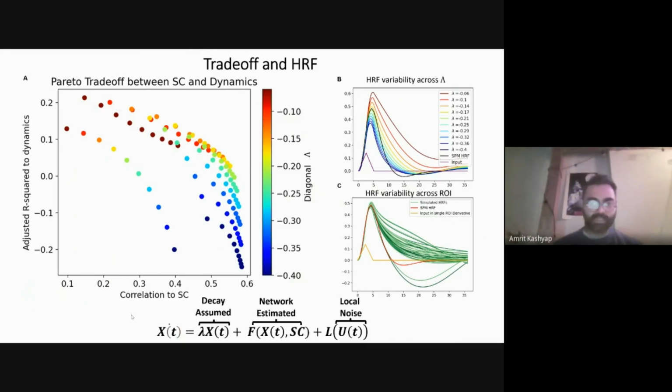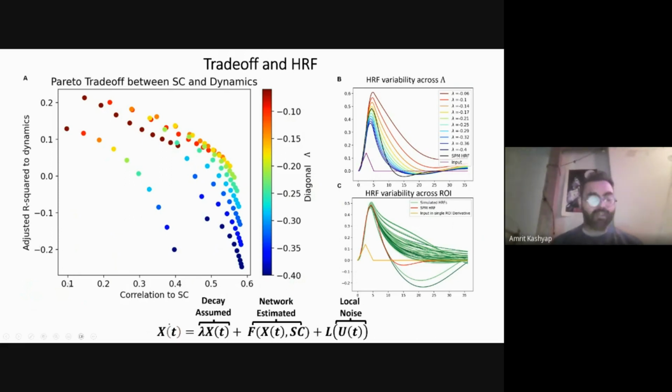I simplified a lot of these things, but basically there is a trade-off between getting all of the dynamics versus getting all of the structural connectivity. That is because when we have a sparsity parameter of how many coefficients we want to represent the system, when we have very few coefficients, we have very high correlations to structural connectivity, but we don't capture the dynamics.